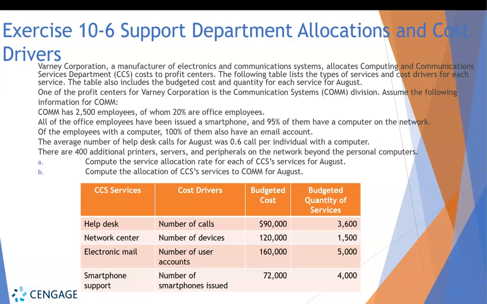There are 400 additional printers, servers, and peripherals on the network beyond the personal computers. So we need to determine the service allocation rate for each of the services for August and how much goes to this specific division.